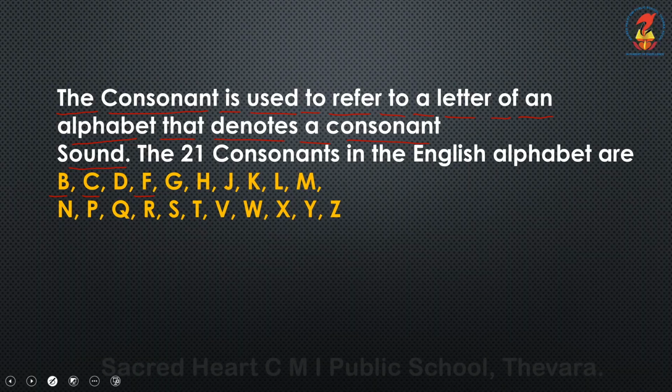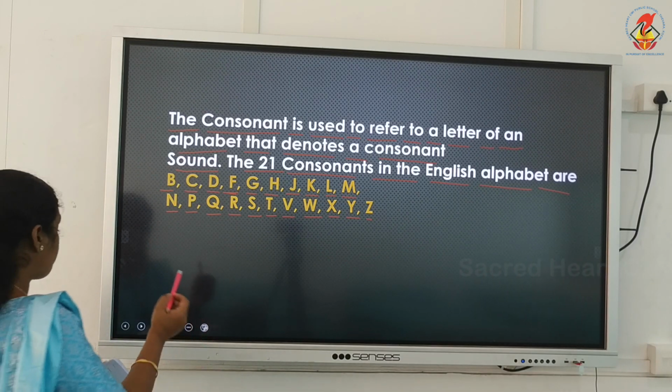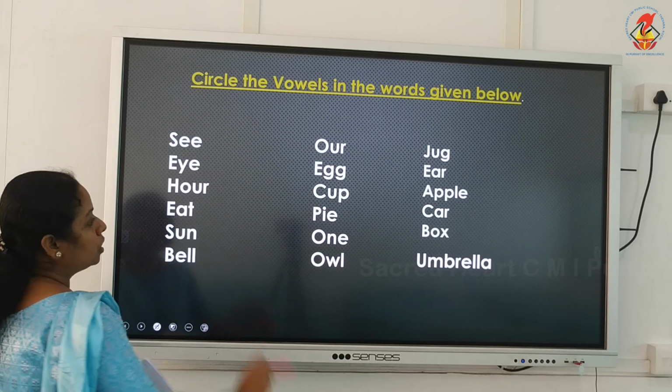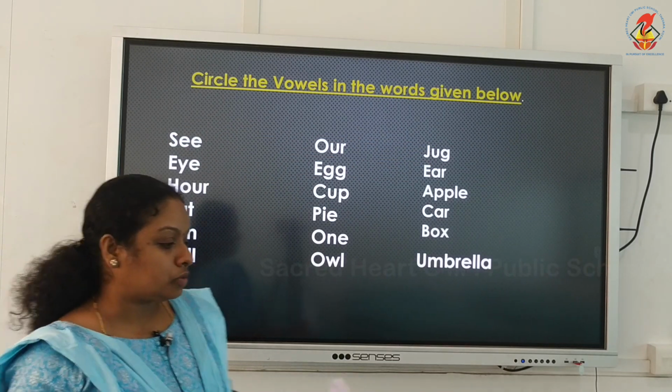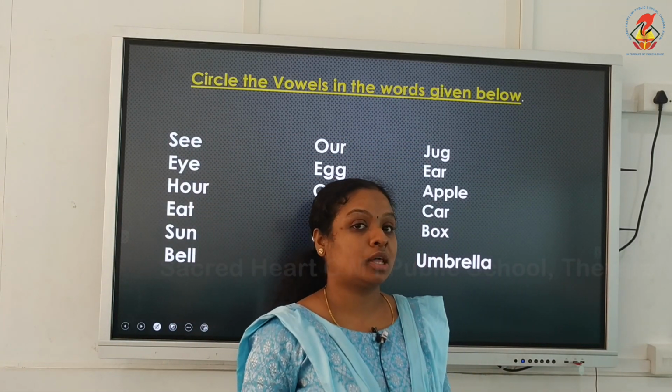The 21 consonants in the English alphabet are B, C, D, F, G, H, J, K, L, M, N, P, Q, R, S, T, V, W, X, Y and Z. So I hope you got it, which are the vowels and which are the consonants.